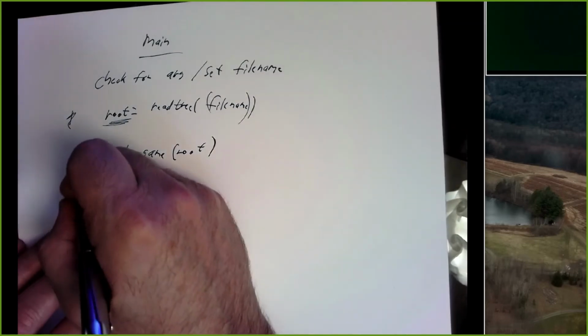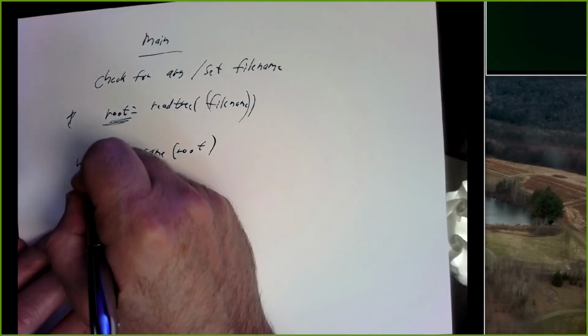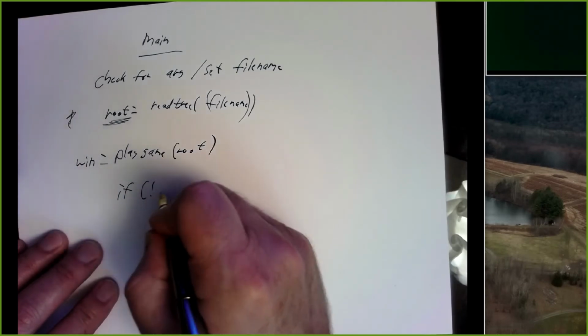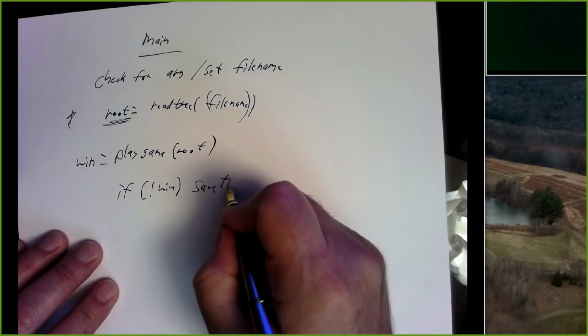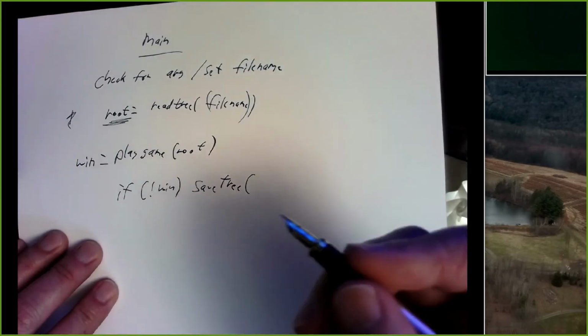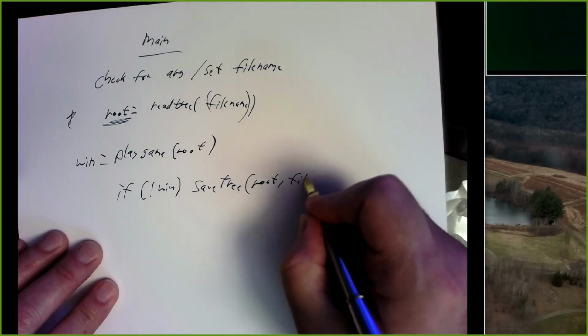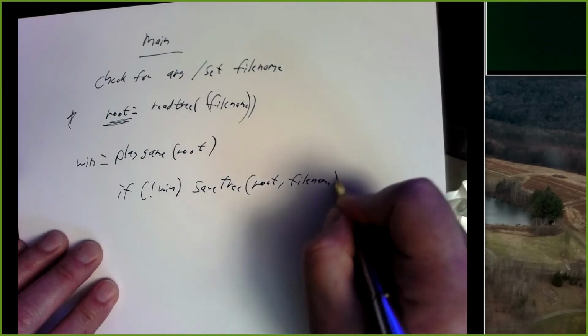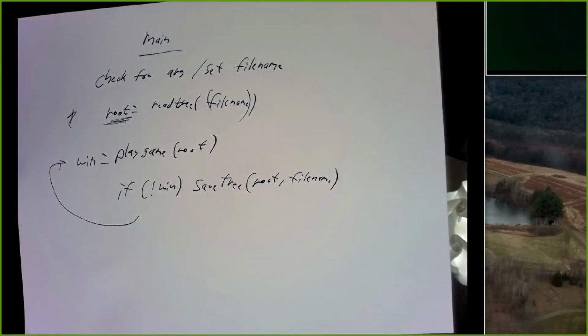And maybe return a Boolean to tell you whether or not you win. And then maybe if you didn't win, then save your tree, and maybe pass the root and the file name, and put this in a loop.